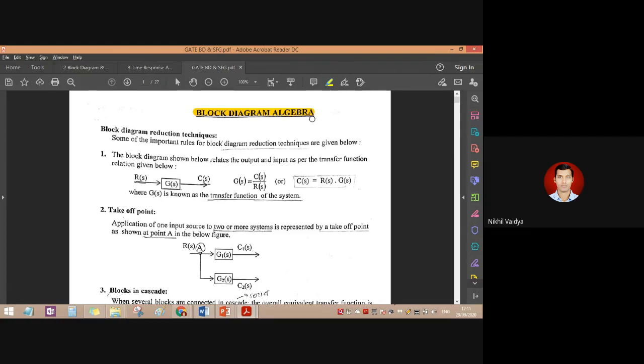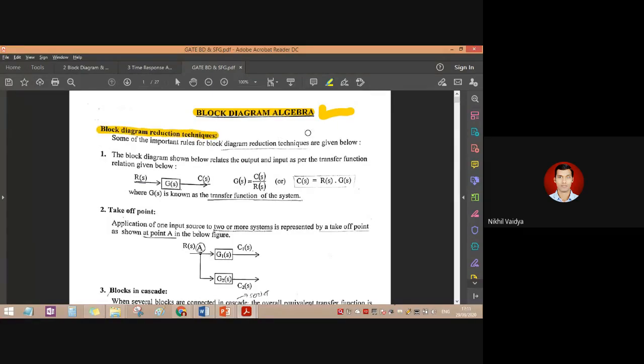As I previously told you, block diagram has comparatively fewer problems in comparison to signal flow graph. So we will just go through it so that we understand what this block diagram means, and then we will quickly move on to the signal flow graph and try to solve some problems. So this is the block diagram reduction technique.